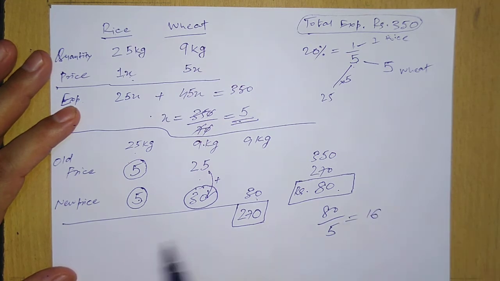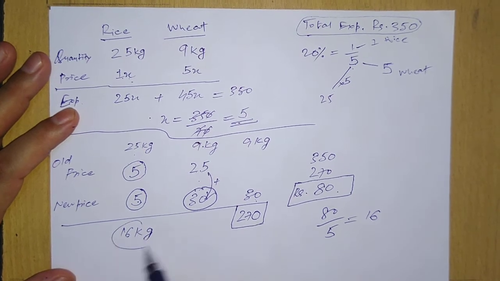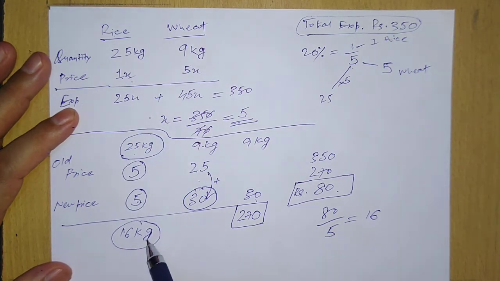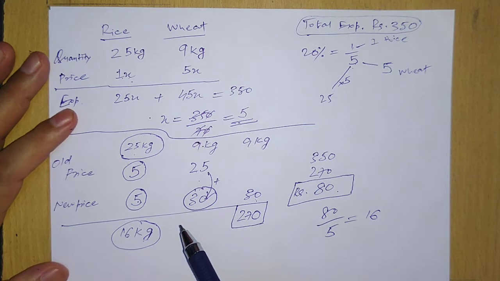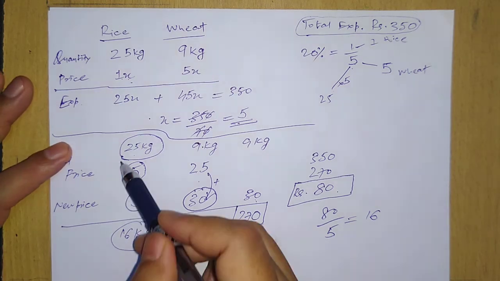So 16 kg of rice can be bought. Earlier it was 25, now the new quantity is 16 kg. In this question we need to find the percent reduction in consumption of rice.